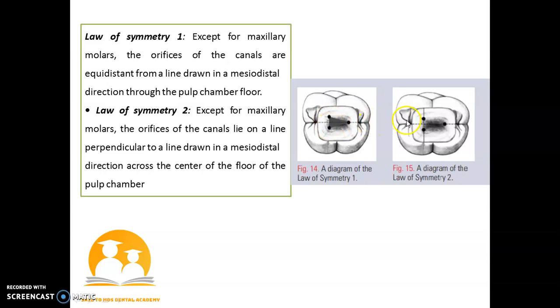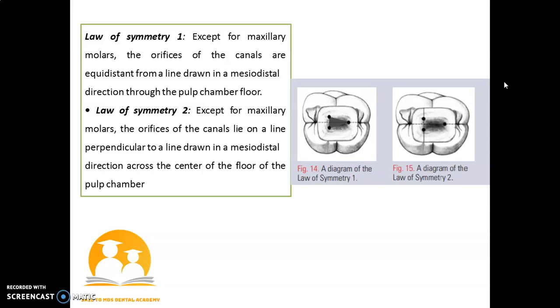Symmetry 2 says the orifices of the canals lie on a line perpendicular to a line drawn in the mesiodistal direction. So these two orifices are equidistant from this line, and this orifice is perpendicular to this line. It is the basis for your law of symmetry.